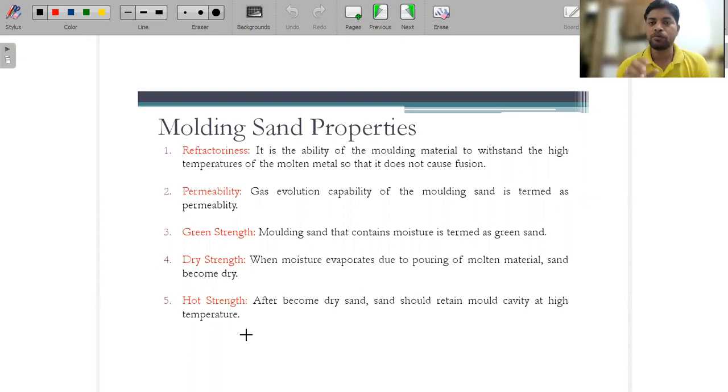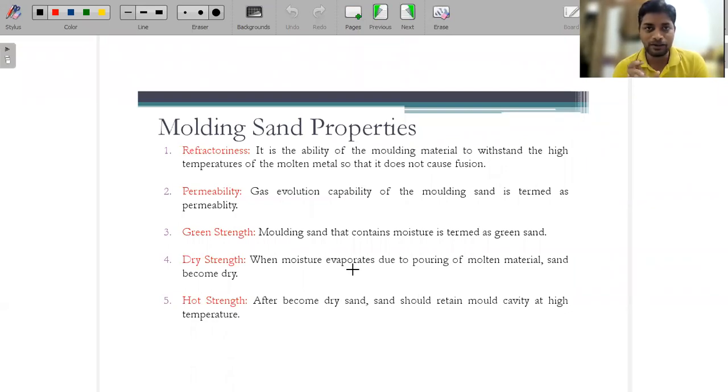Whenever you pour the molten material, whatever water or moisture is there will vanish immediately, and the molding sand will become dry, because the molten material is at a very high temperature.